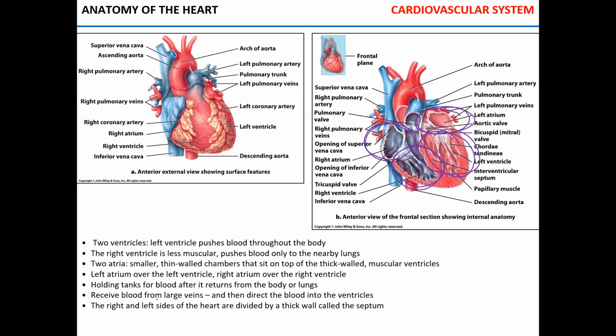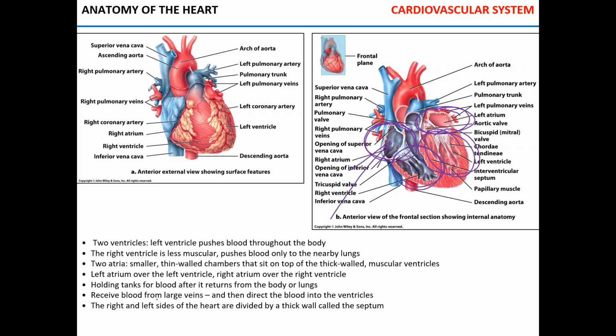The right atrium, shown here, receives the blood from the systemic circuit. The blood that goes into the right atrium is deoxygenated.